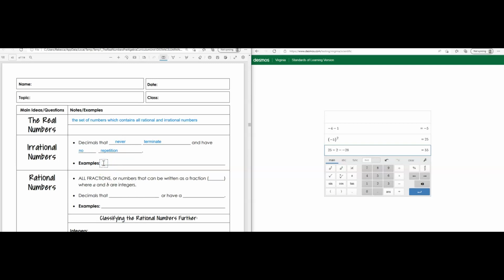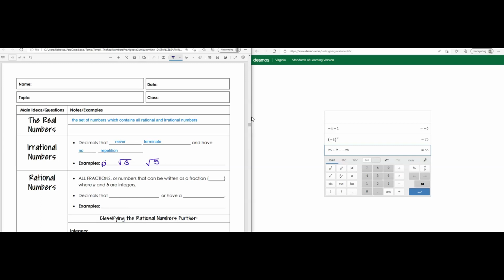Some examples of that would be pi. We talked about that in class already. Pi would be 1. You can also have the square root of any non-perfect square. That would give you a decimal that doesn't end and doesn't repeat.